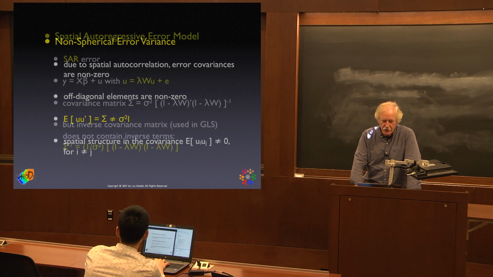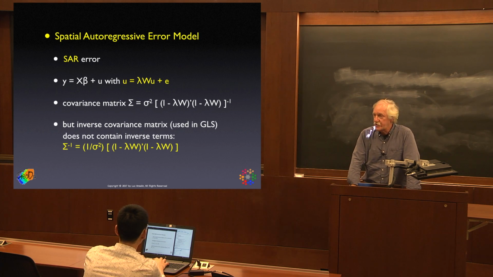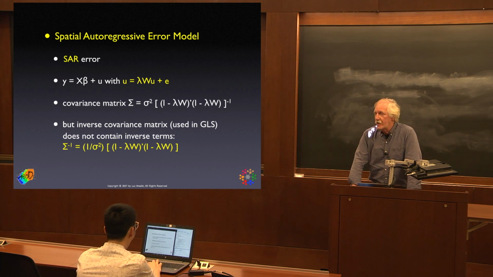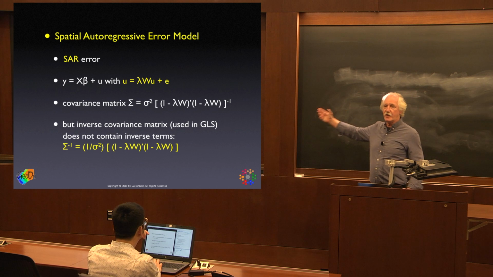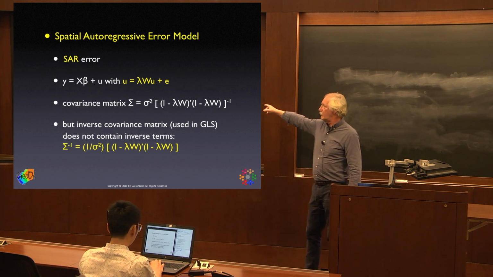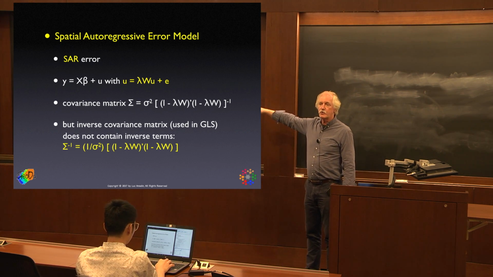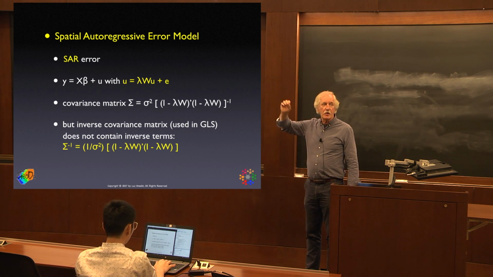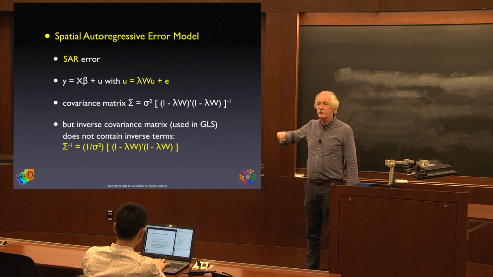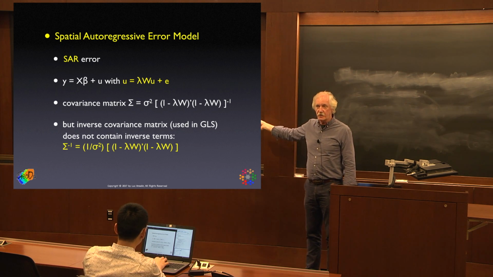As we saw last week, we can have process models. For example, a spatial autoregressive error model. And we saw last week the variance covariance that results from that is this monster with this inverse term, right? And we also saw that if the weights are not constant across observations, that this gives us heteroscedasticity.